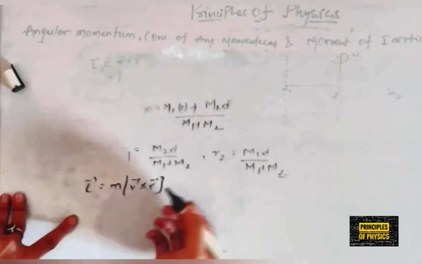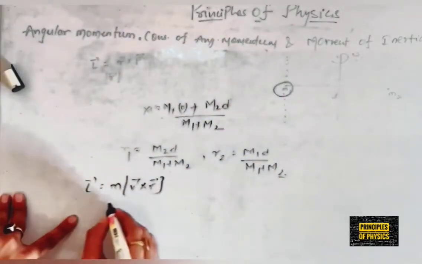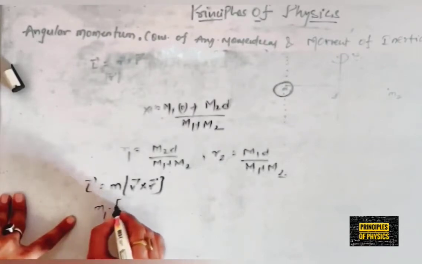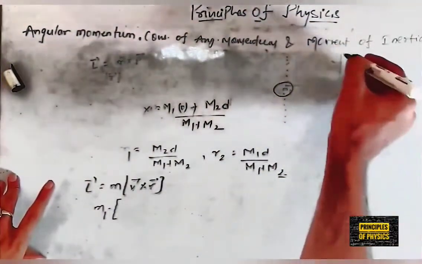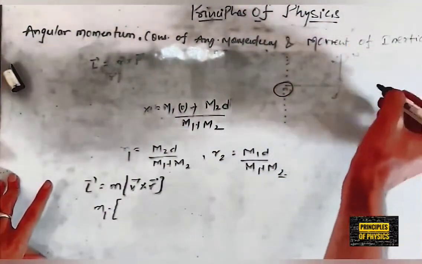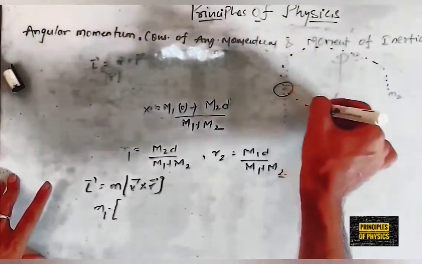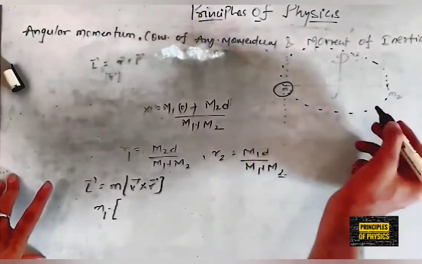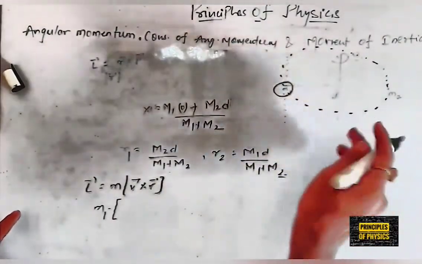And by the formula we have m v cross r. So for the m1 particle we have mass m1 into, as it is rotating with angular velocity omega, it must be going in a circular path of radius d by 2.